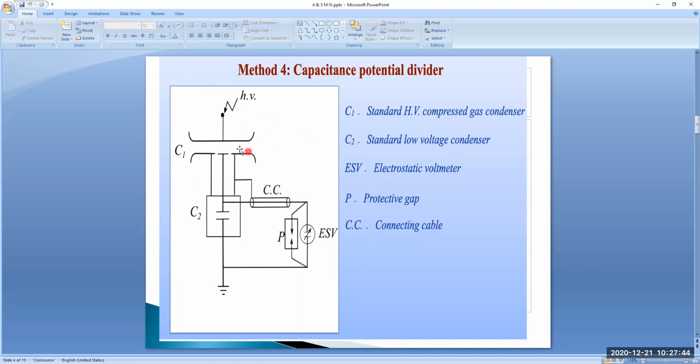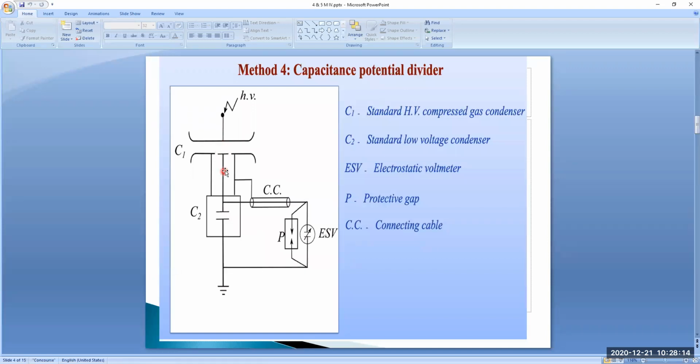It has three terminals. On one side there is only one, but on this side there are three terminals. One terminal is connected to the high voltage, and another terminal is connected to the measuring equipment. By using this movable one, we can compress the air or gas inside the capacitor.